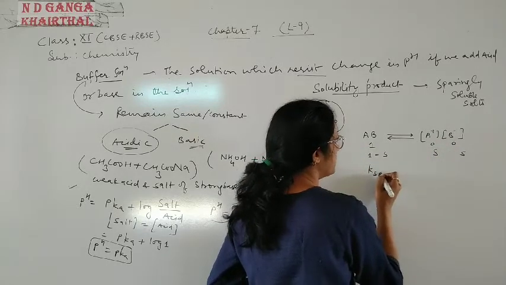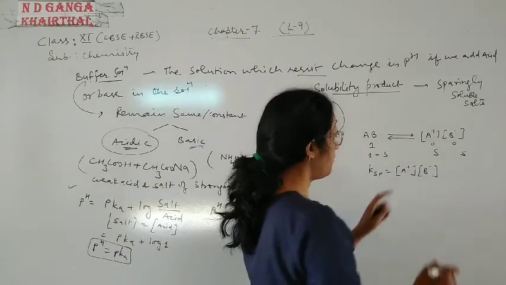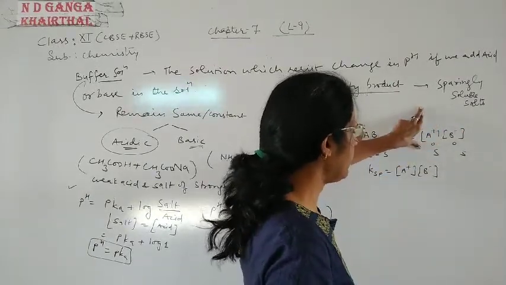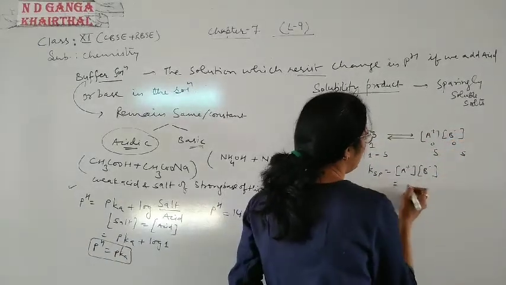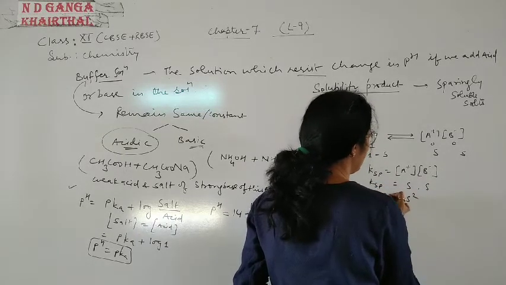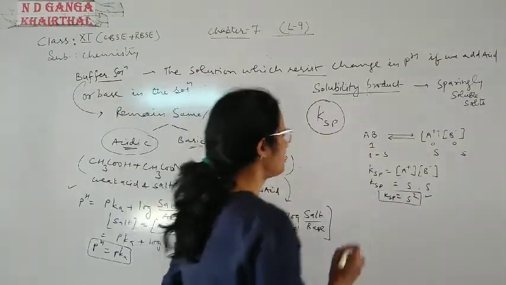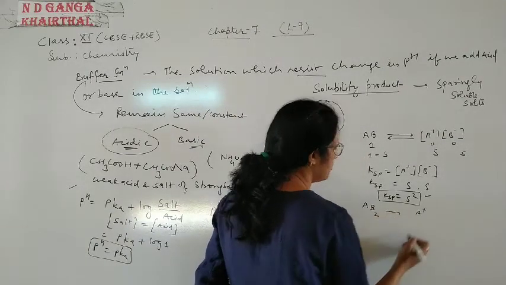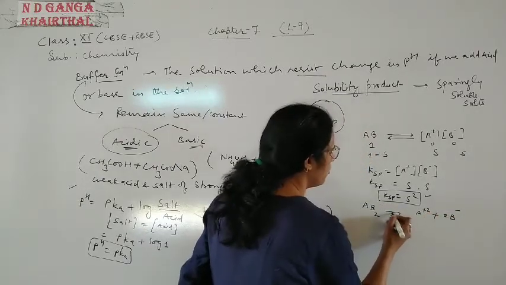So what will be the Ksp? Ksp will be equal to the A cation product B anion, and A ion solubility is s and B ion solubility is s, so Ksp will equal s square. Okay. If a salt is like AB2, then we will get A ion plus 2B ion.